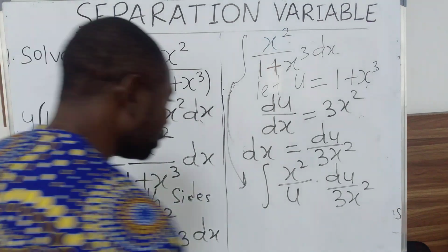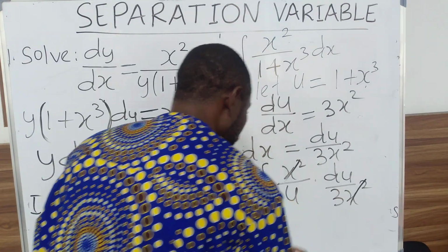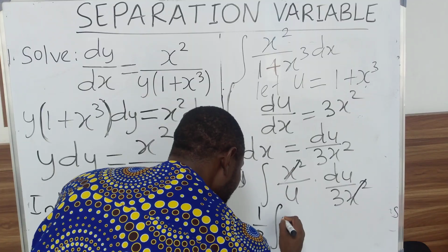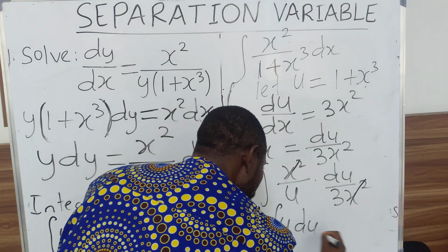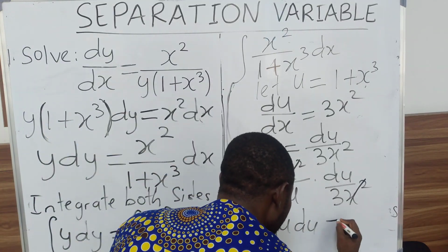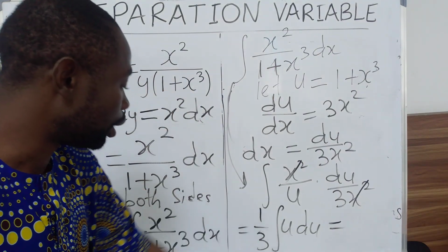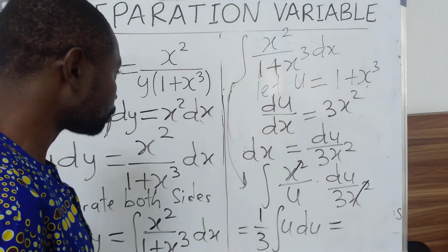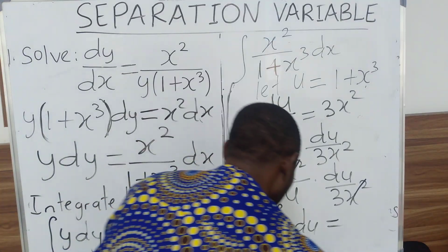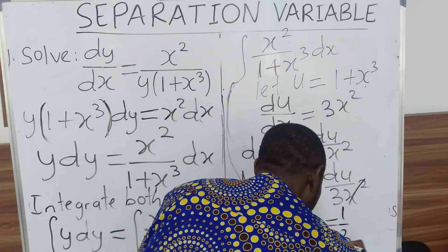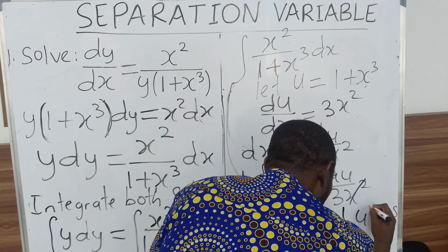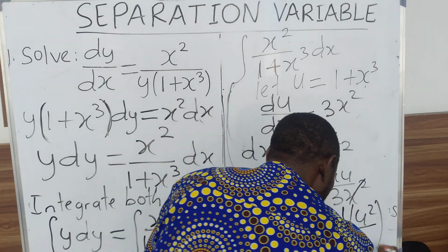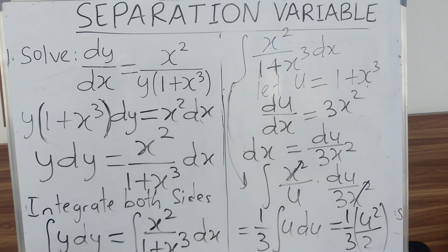So what happens? x squared cancels x squared. So I'm going to have 1 over 3 integral of u du.